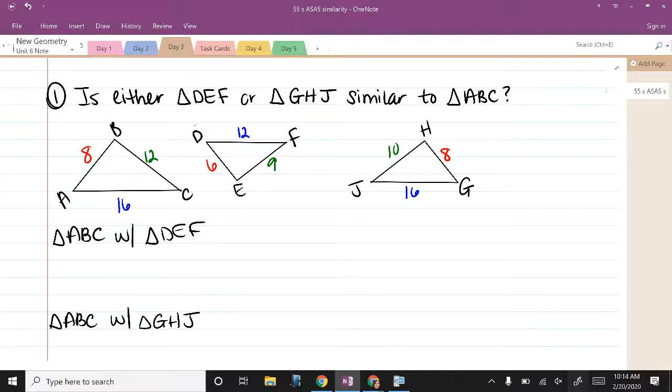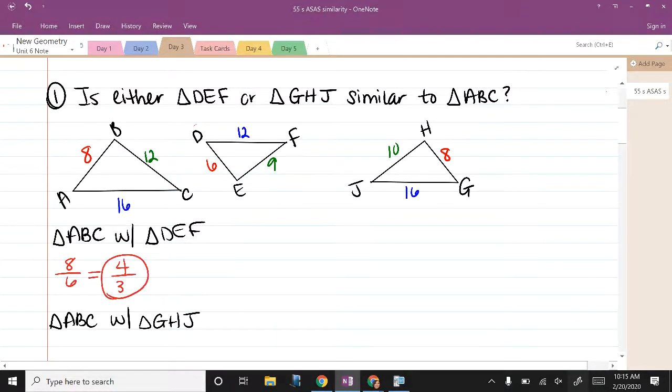So the smallest one is 8. So 8 over 6. What does that reduce to? 4 over 3. So if all of the other ratios from ABC to DEF reduce to 4 over 3, then they're similar.